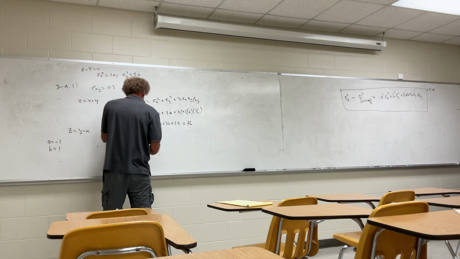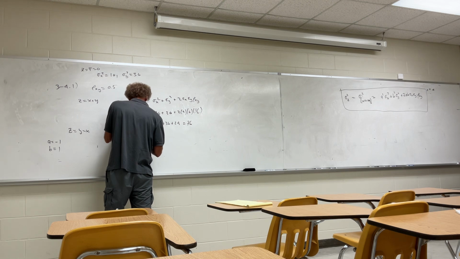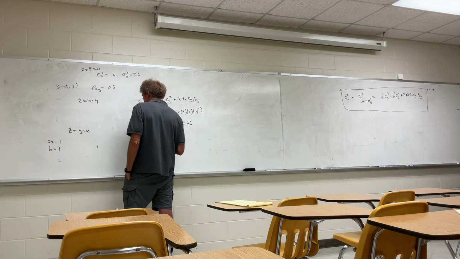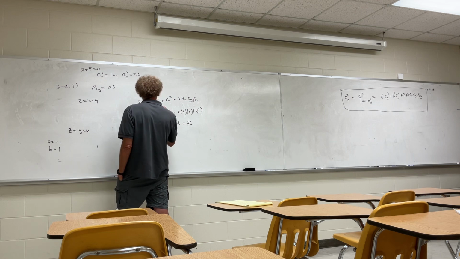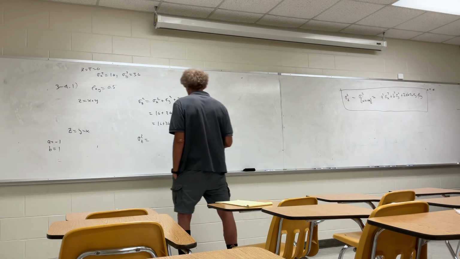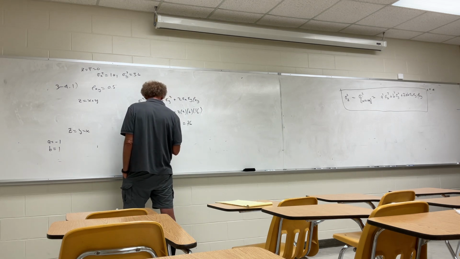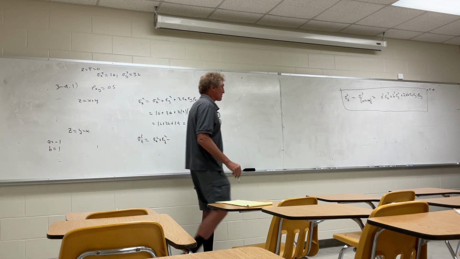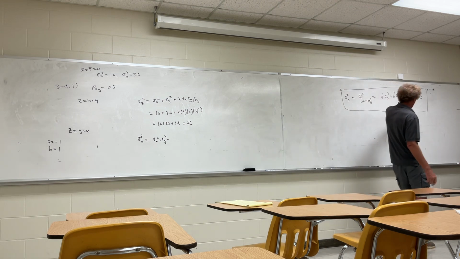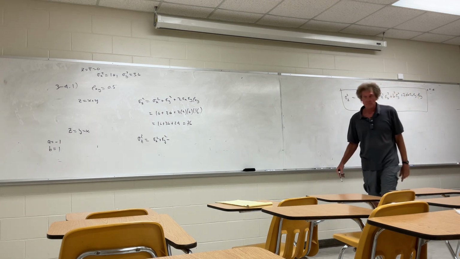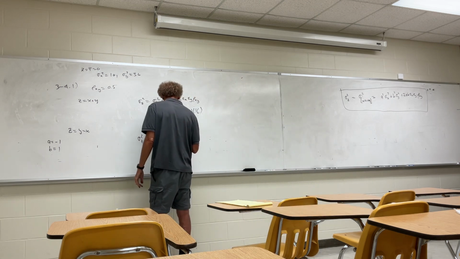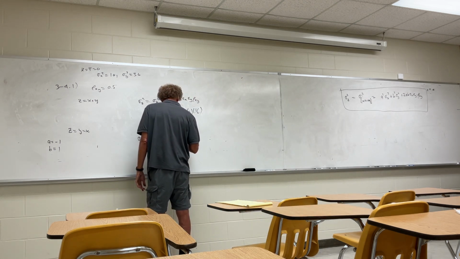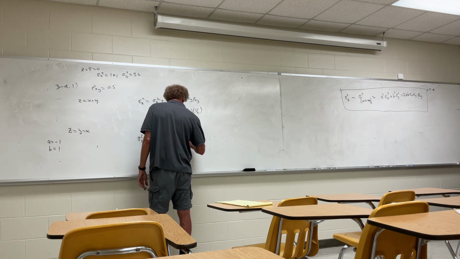For part B, sigma squared of Z equals A squared, and A is -1, so that's still 1 times sigma X squared, plus B squared, it's 1 again, times sigma Y squared, but then it's going to be minus, because A is -1 and B is 1, so this is going to be -2, and then sigma X, sigma Y, and the correlation coefficient is 1/2.